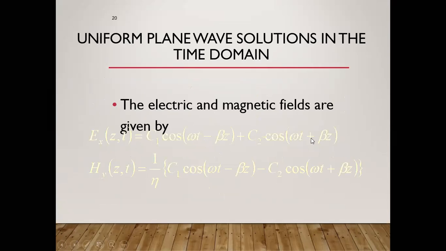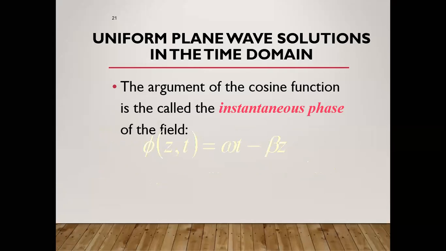See here, already we have calculated beta as the propagation constant. After simplifying the values, we received such an equation. If you are interested in the angle, definitely the angle can be found, which you can call the phase angle or the instantaneous phase.